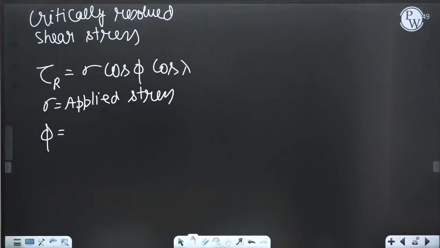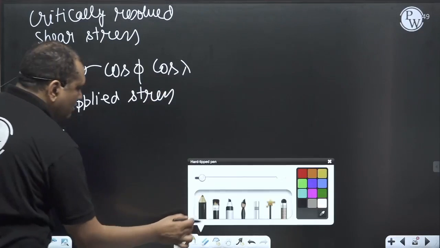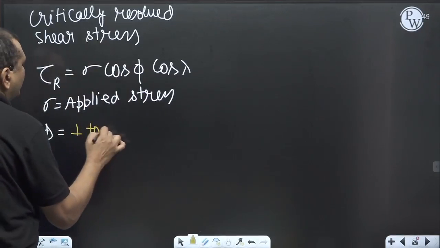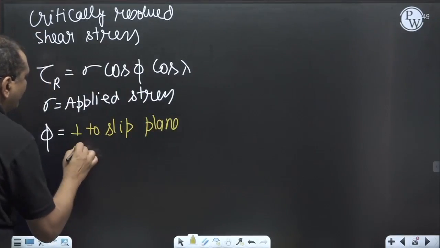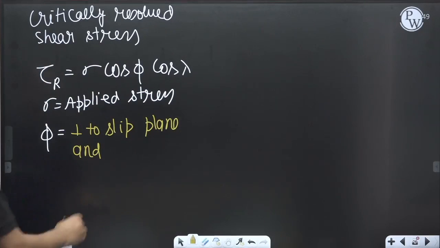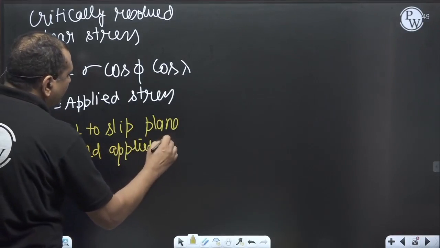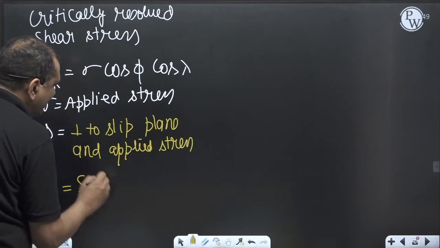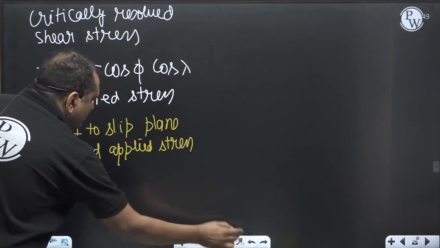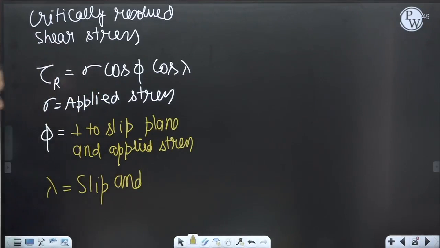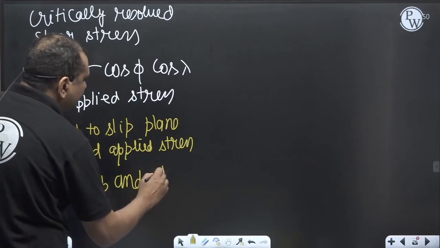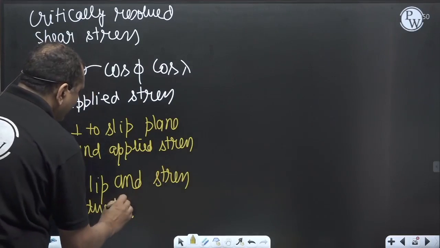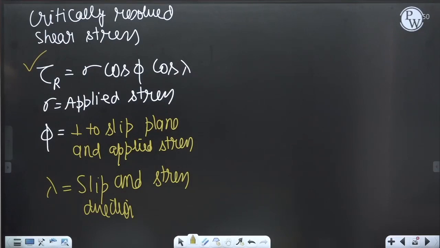Sigma is the applied stress, phi is the angle between the normal to the slip plane and the applied stress, and this angle lambda is the angle between the slip direction and the stress direction. So that is a way to calculate critically resolved shear stress.